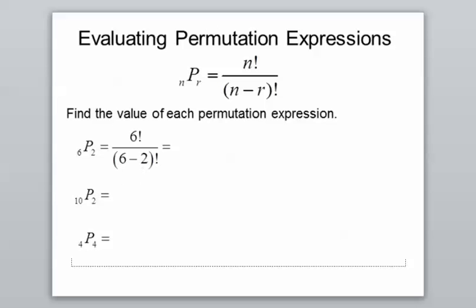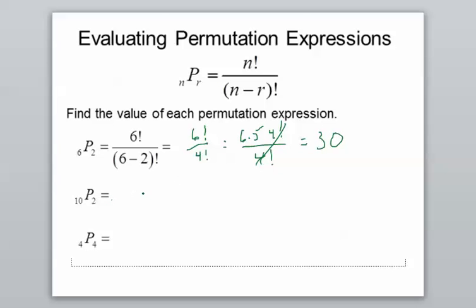Let's do this first one here without any difficulty at all. 6 factorial divided by 4 factorial. Well, that's really going to be 6 times 5 times 4 factorial divided by 4 factorial. And those are going to cancel out, so I'm going to get 30.